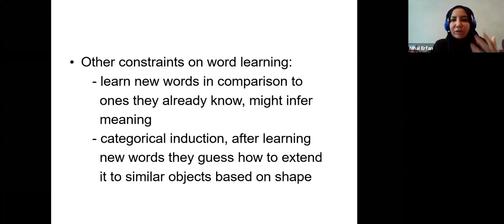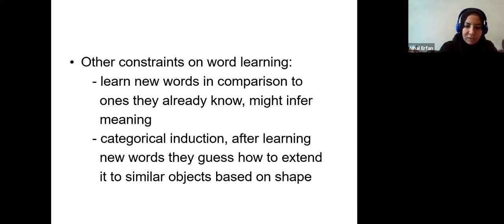So learning new words in comparison to ones they already know, okay, might infer that they understand, okay? So here we're talking about words that mean the same thing, although they are not the same, okay? So it's kind of a categorical induction.